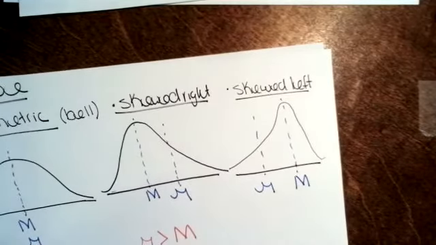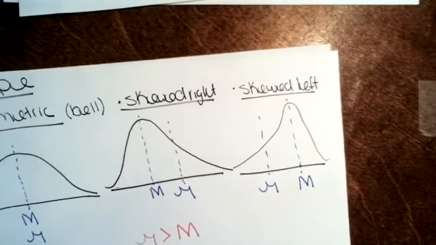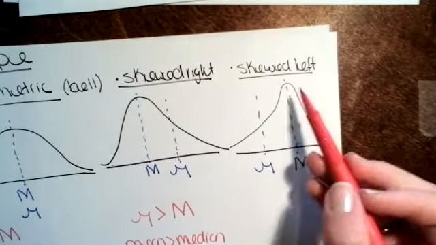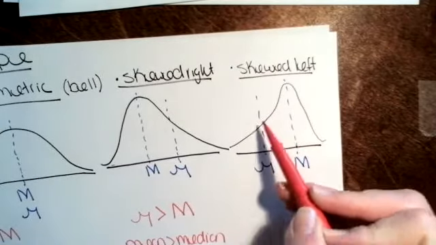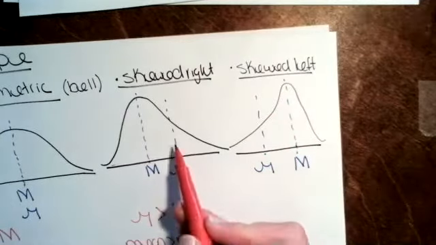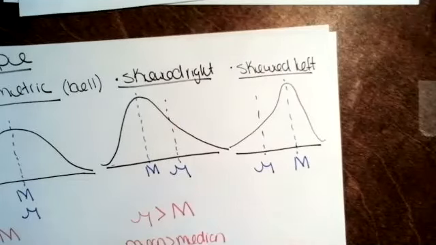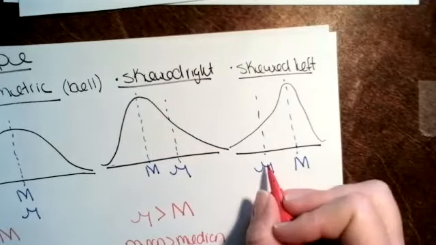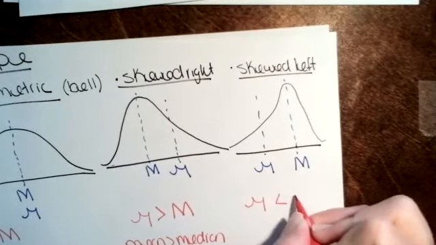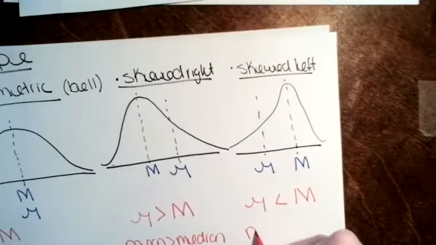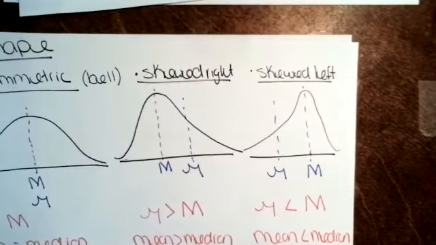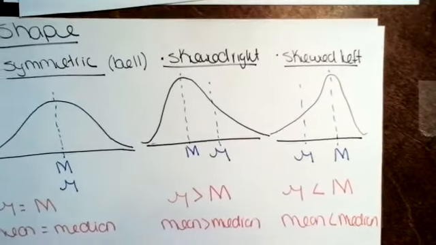Try to think of it as if you take a whole bunch of quizzes in a class and you keep bombing quizzes, right? You keep getting lower grades down here, your average gets pulled down. Or the other way around, if you keep getting really good grades, it will eventually get pulled back up. So here, the mean is to the left. That means it's less than. So the mean is less than the median. Okay, so those are the shapes.